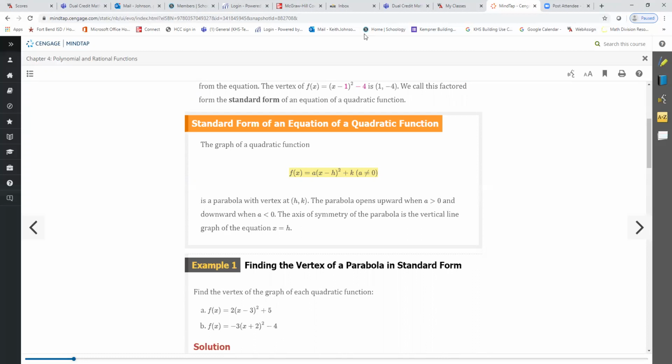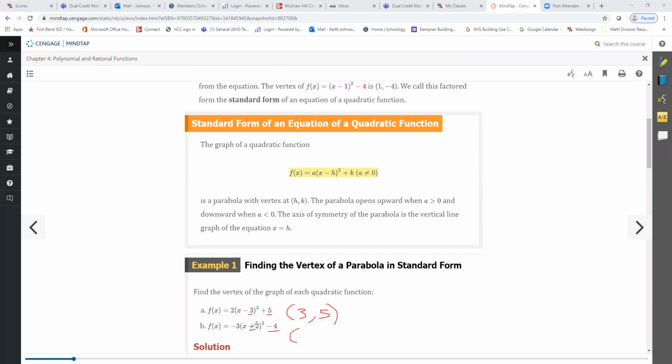So if we look down here, here's my problem. This is in standard form, down here in example 1. Here's my h and here's my k. So my vertex is going to be at 3, 5. Here's my h, here's my k.